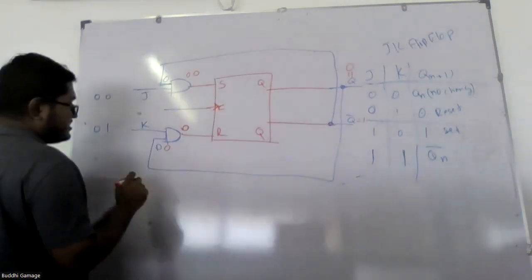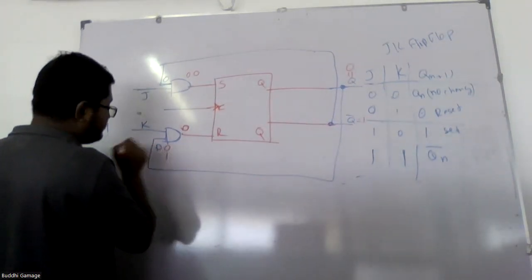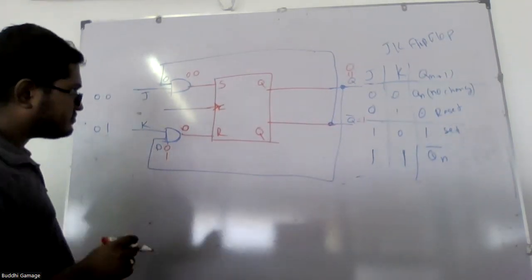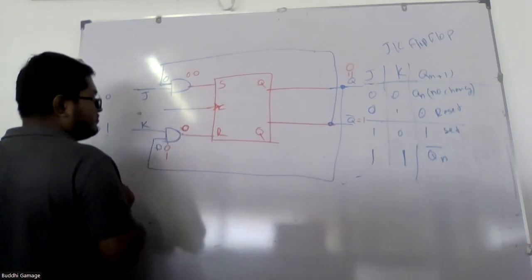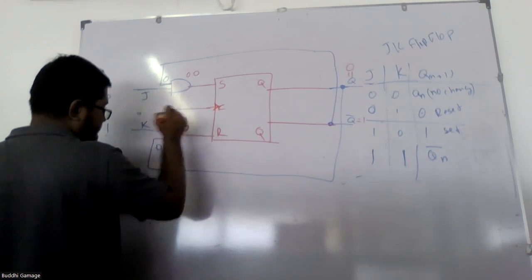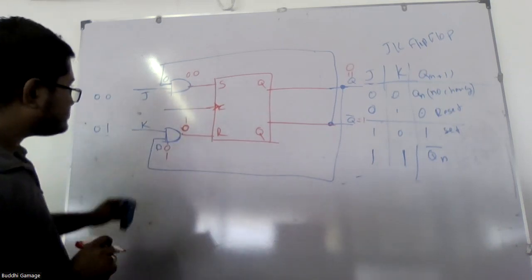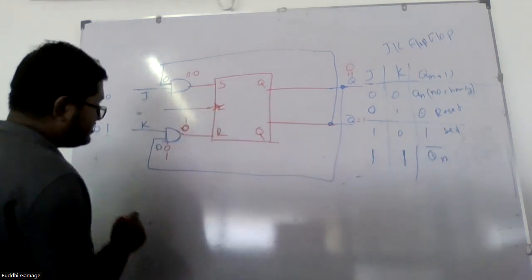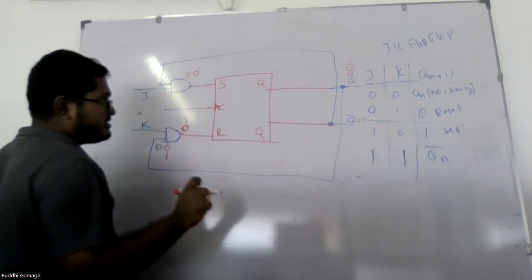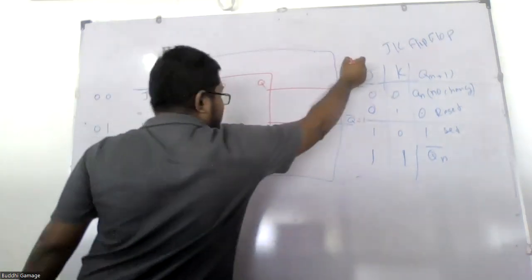Right. Now consider the other state where this is 1. Right? If this is 1, what will happen is for this value, this will be 1. Right? That means R is 1. Then what is this state? This is the reset state. Reset state means again Q is 0.